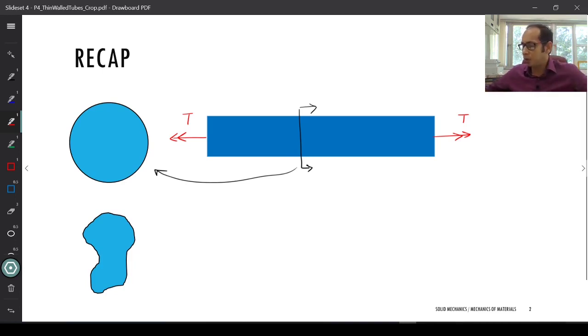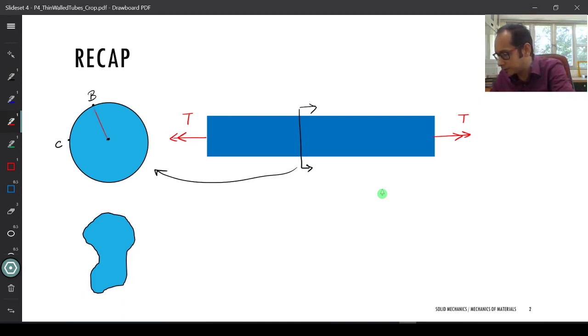Now, on this circle that you see, say this is the center of my circle, somewhere around here, and if I take any 2 points on the circumference, let me pick a point B over here and maybe another point C over here, both of which are of course equidistant from the centroid with the radius, say, r.